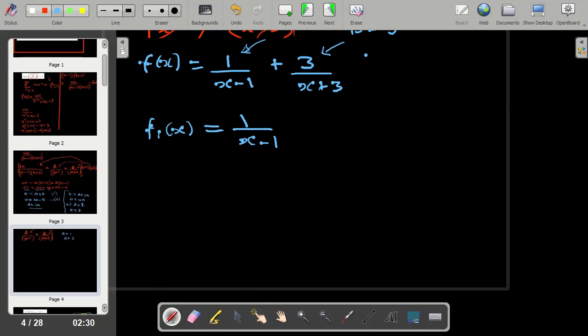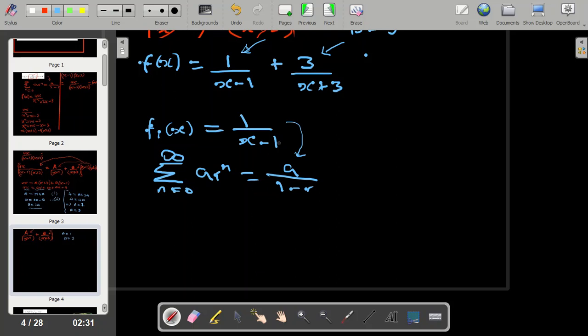So we need to convert this to the geometric power series of this kind. Okay, so we have the sum from n is equal to 0 to infinity of a r to the power n, which should be equal to a over 1 minus r. So we need to convert this function here into this form. Okay, so how do we do that?